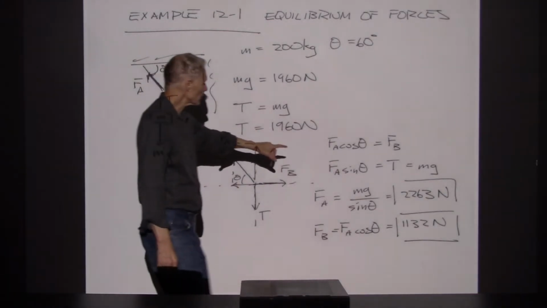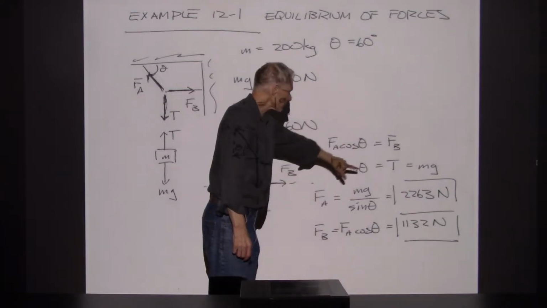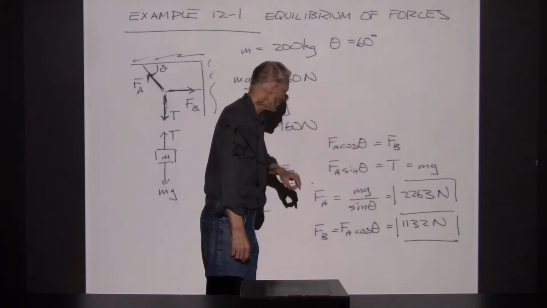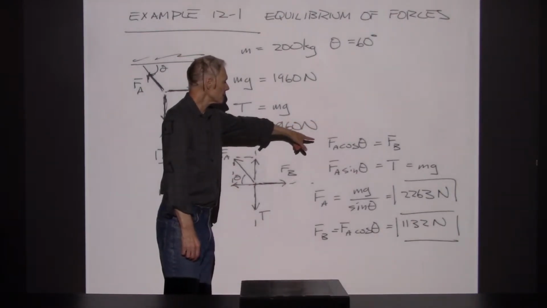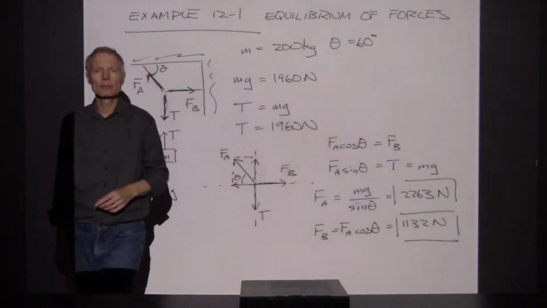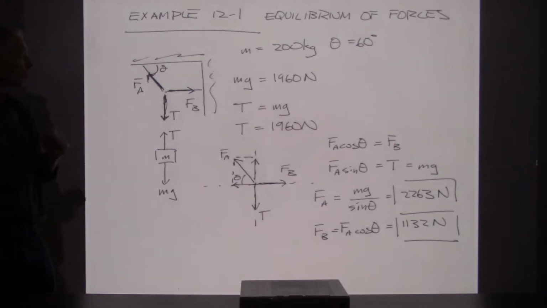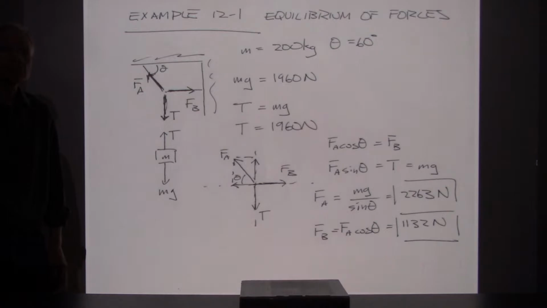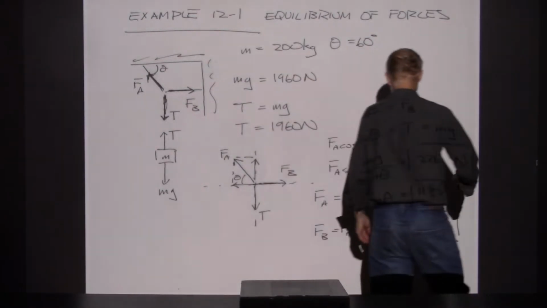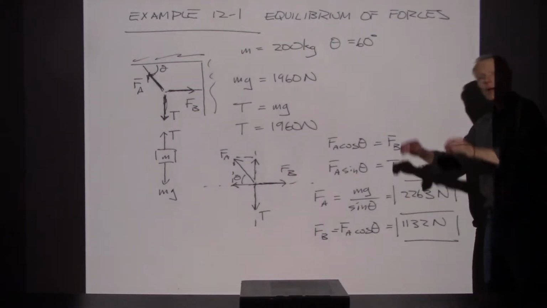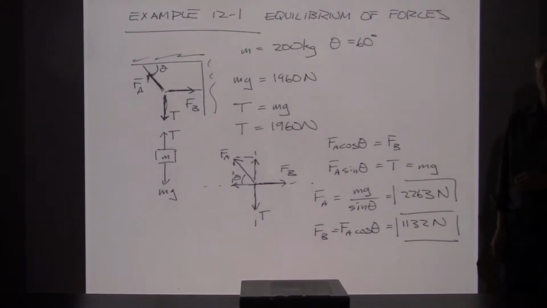All right, so we were able to go through and show that FA is equal to 2,263. What about force B? Well, force B is going to be force A times the cosine of theta. So that sideways cable, that's going to need 1,132 newtons. That's not a small number. That's a good amount of force inside this cable that we're using to pull this to the side.